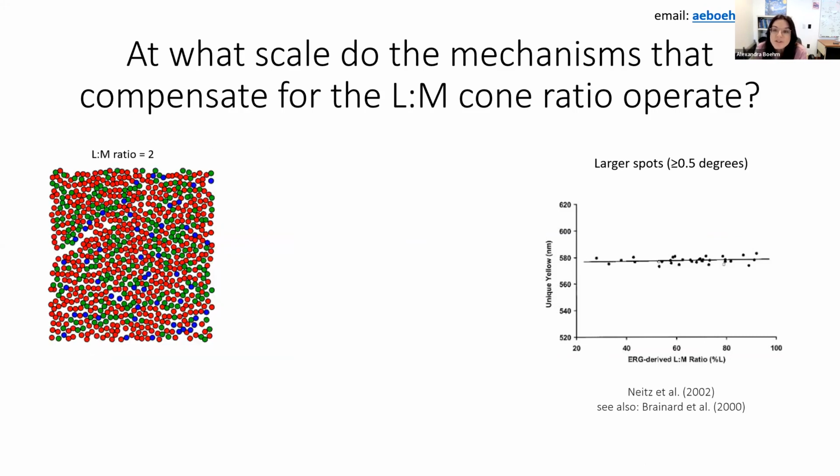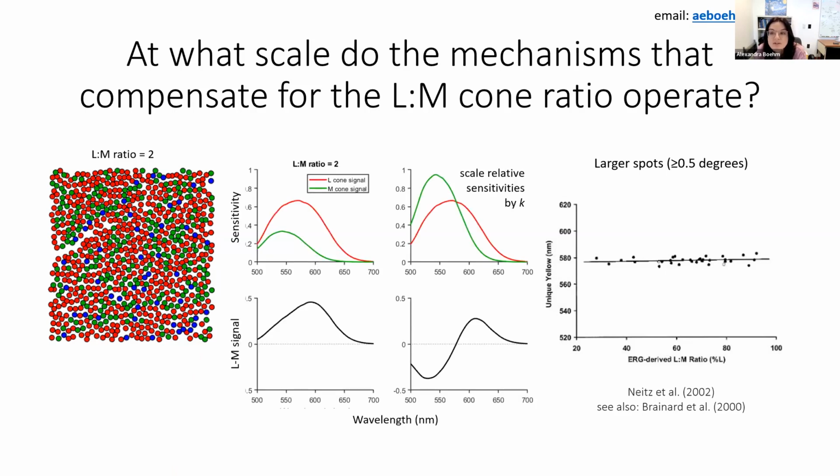So let's return to unique yellow and develop our thinking a little bit more. If we first consider a typical mosaic with a 2:1 LM cone ratio, and this is just a hypothetical mosaic, in this case, the relative summed L cone signal is roughly twice that of the M cone signal.